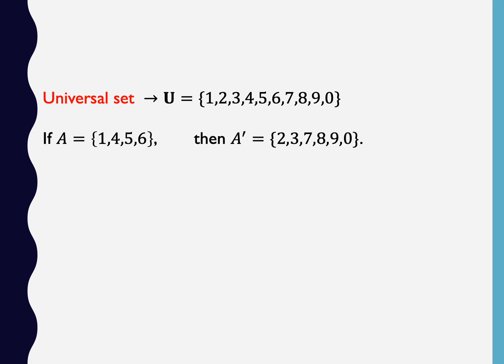If set A contains 1, 4, 5, and 6, then the complement of A, or A prime, is all the elements that are not included in set A but included in the universal set, which is 2, 3, 7, 8, 9, and 0.